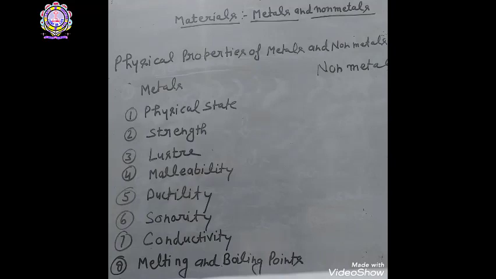The next property is conductivity. Metals are generally good conductors of heat, and gold, silver and copper are very good conductors. Copper is of good quality, so household electrical wiring is made from copper.